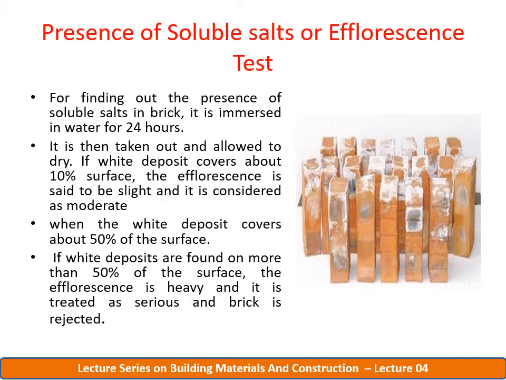Place one end of the brick in a 25 mm depth of water in a dish of minimum diameter 150 mm and a depth of 30 mm. The dish is made of porcelain, glass or glazed stone work.